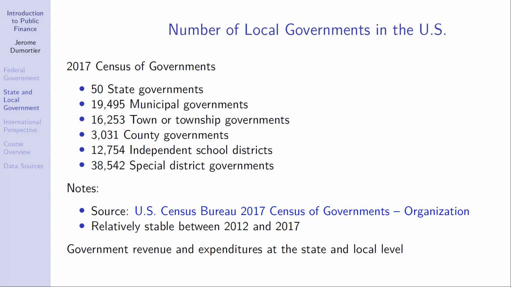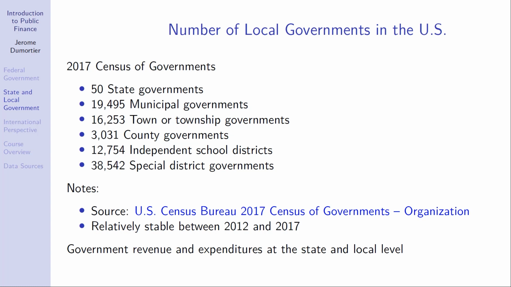And of course we have 50 state governments. We have about 20,000 municipal governments. We have about 17,000 town and township governments, and so on. Note that all of those governments have their own budgets, their own expenditures, and their own receipts.